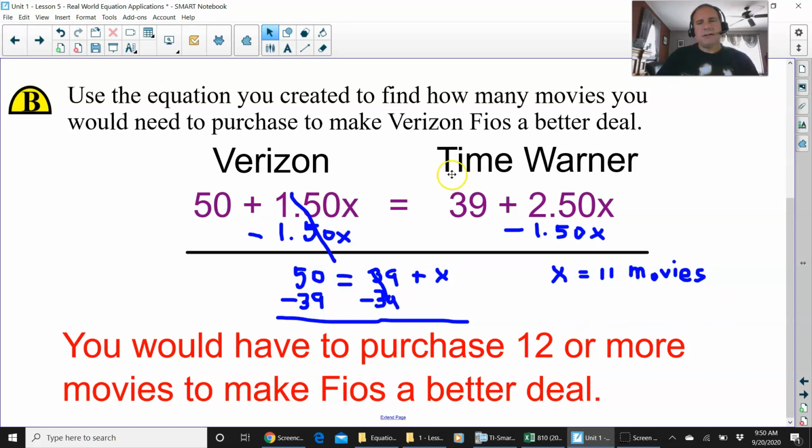Say I don't rent a lot of movies at all, the $39 would be a good starting price, because even though they're charging $1 more per movie, it doesn't matter because I'm not purchasing movies. But if I'm looking to watch movies and I rent a 12th movie, a 13th movie, a 14th movie, Verizon is the way to go. So you would have to purchase 12 or more movies to make Fios a better deal.